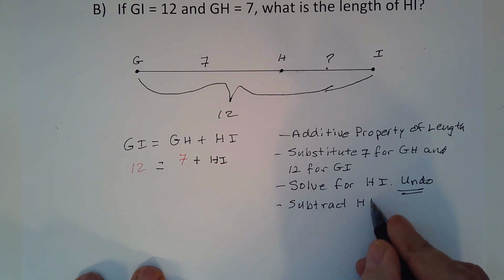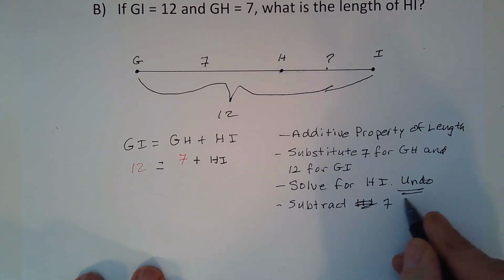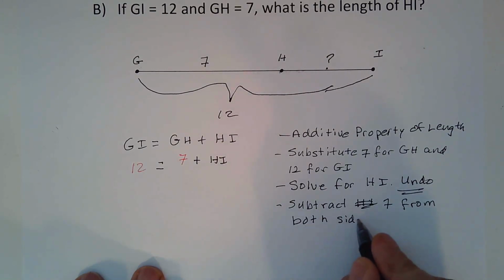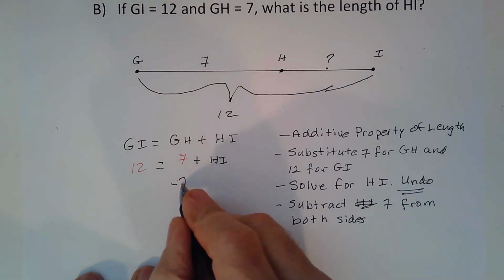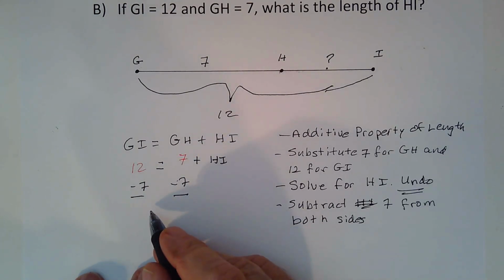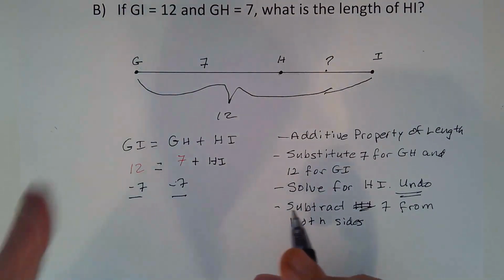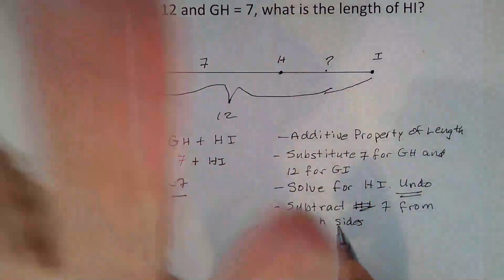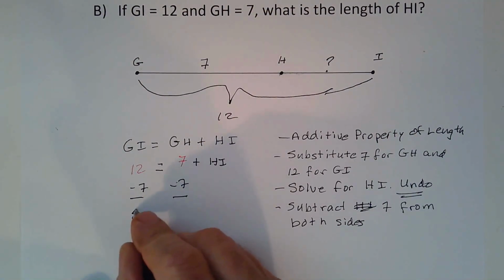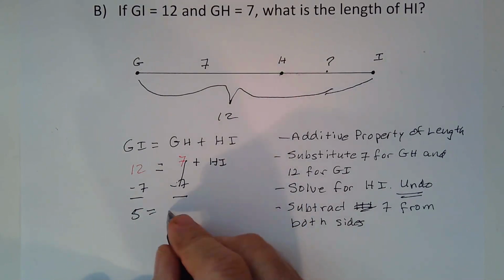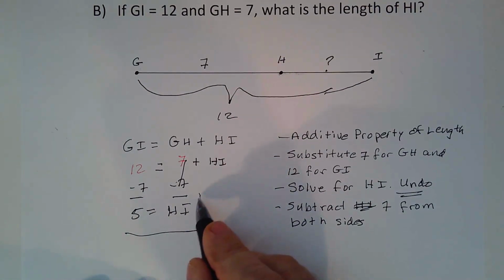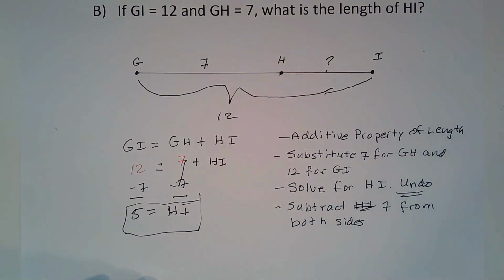So I subtract 7 over here and 7 over here. And 12 minus 7, let's see, we could use our fingers. 8, 9, 7, 8, 9, 10, 11, 12. Aha, 5 fingers. So we got 5 equals HI. That's our answer.